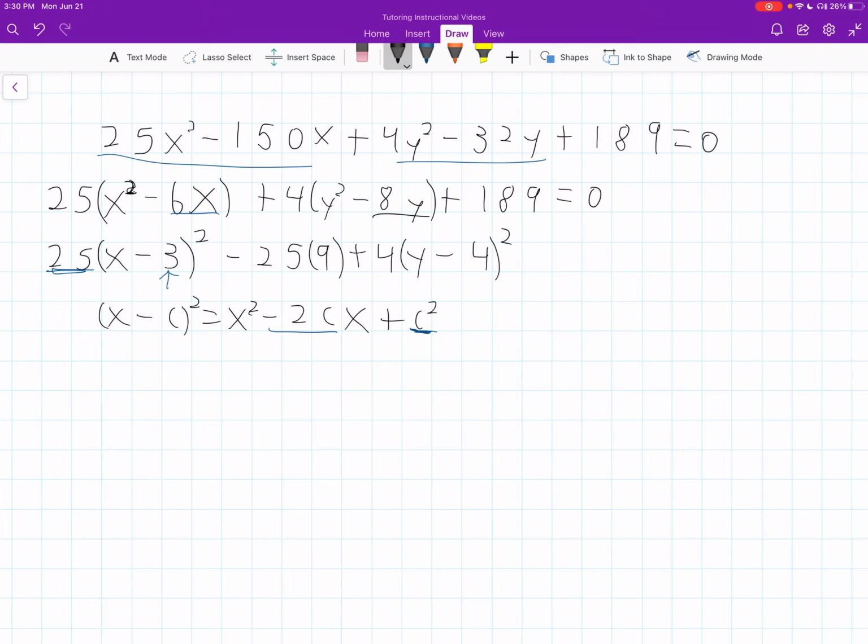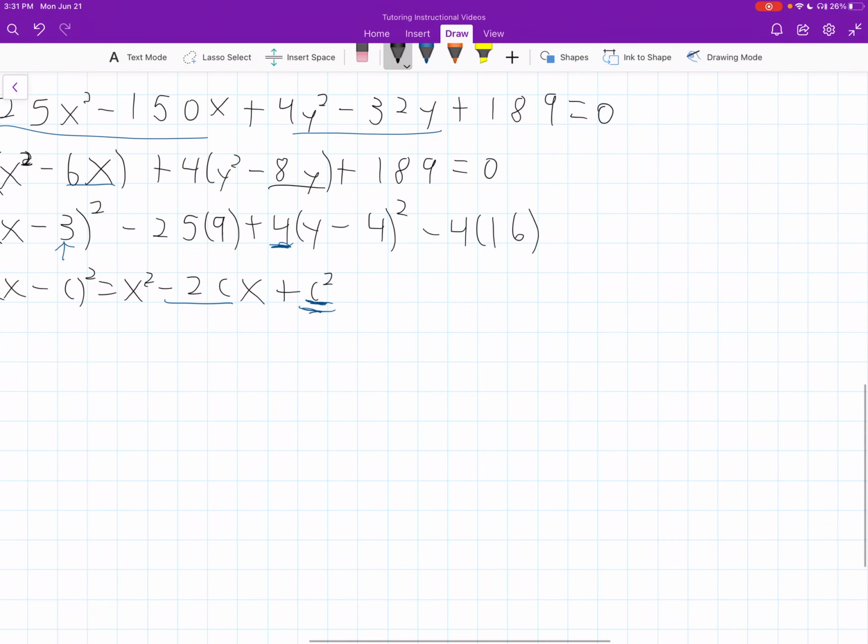But now again, we're going to have this plus c squared, which here would be plus 4 squared, or plus 16. And then that plus 16 will also multiply by 4. So if I want to undo that effect, I have to subtract 4 times the 16. All right, and then I'm left over with plus 189 equals 0.